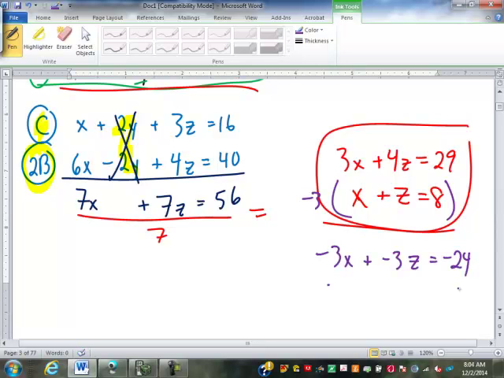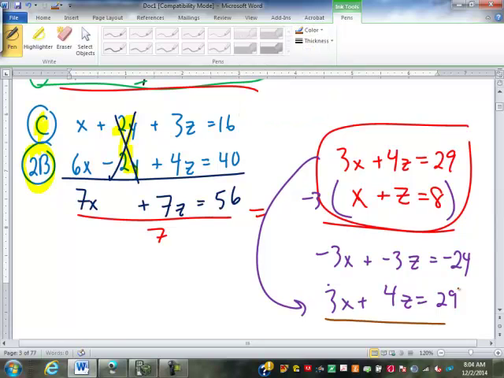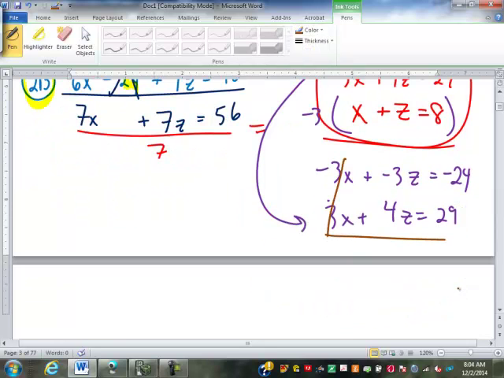So the top equation still stays 3x plus 4z equals 29. And when we add, negative 3x and 3x go away. Negative 3z and 4z make positive 1z. Negative 24 and 29 makes 5. z equals 5. Yes?